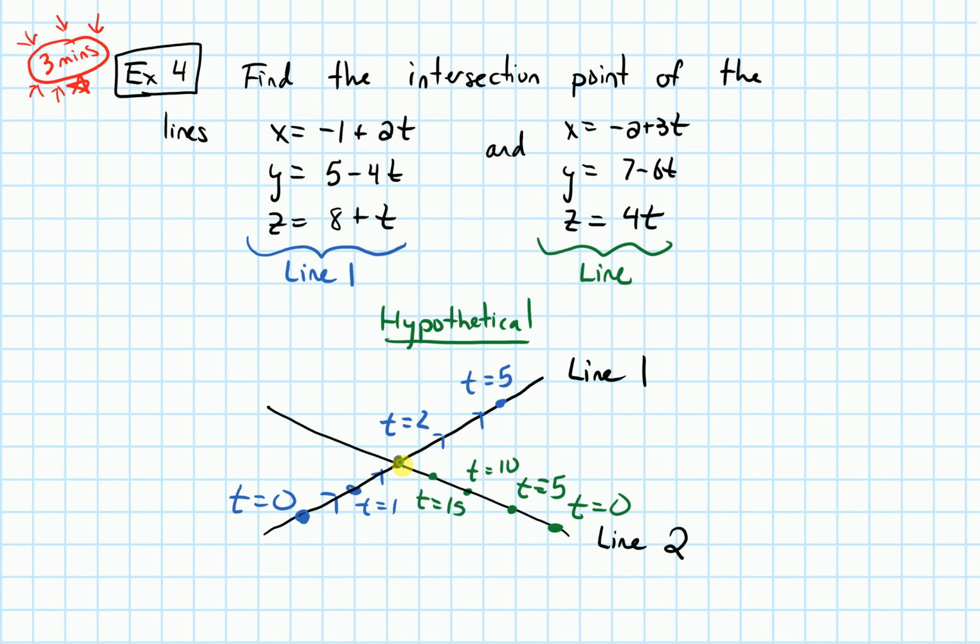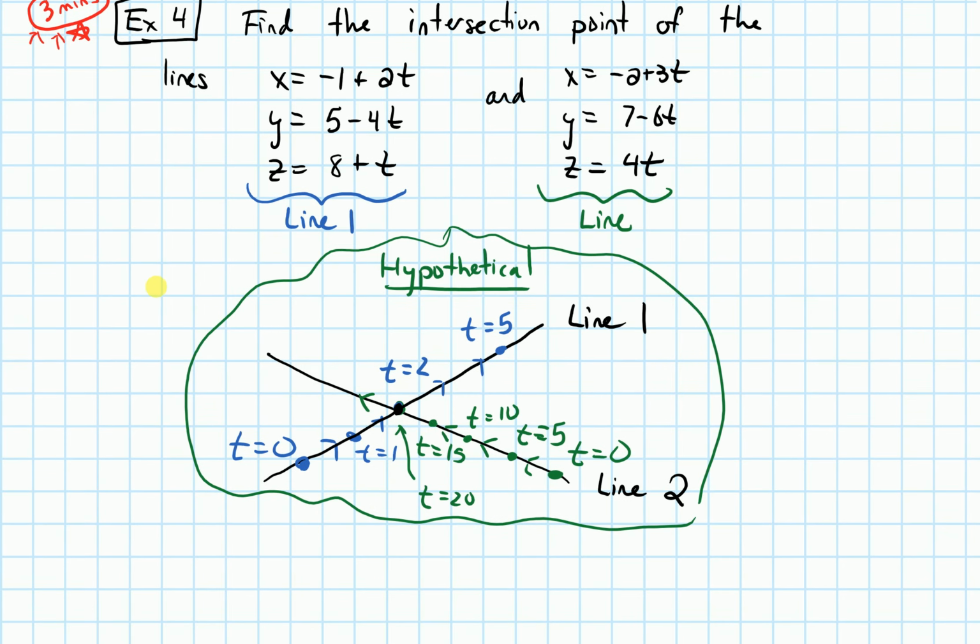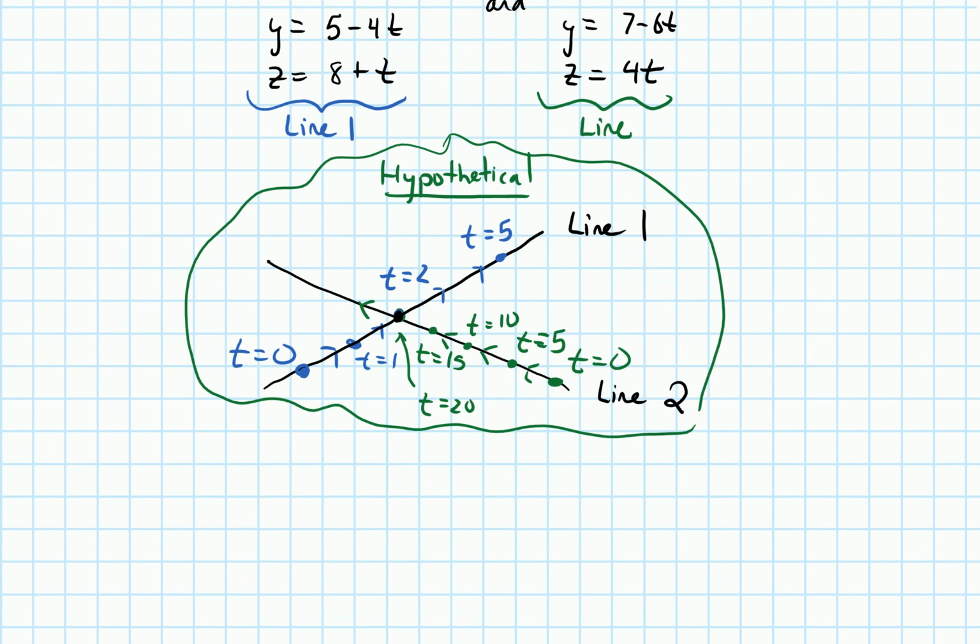And maybe it's only here at the intersection point by t equals 20. And then so on and so on. So this particle is moving this way. So the issue that might show up is, even though both of these particles arrive at this same point, they might not get there at the same time. Okay, so I want to write this as a takeaway, because this is an important key idea.